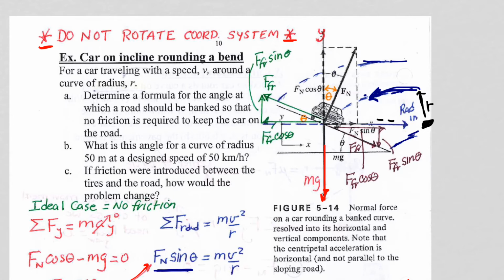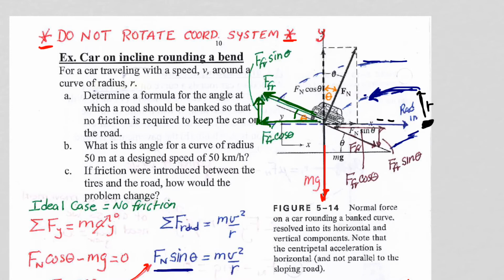So the frictional force when the car is going too slowly is up the incline, right? To try to keep the car from going down the incline. And the angle theta here is the same angle as the incline, so we get a frictional force cosine theta and a frictional force sine theta.